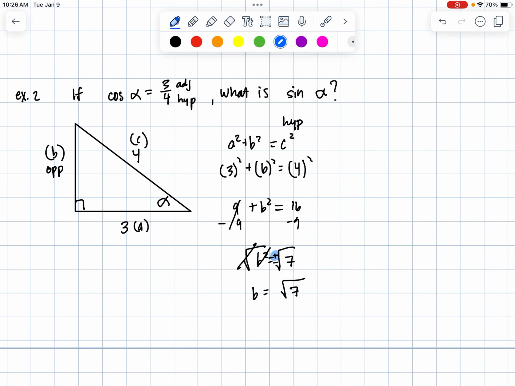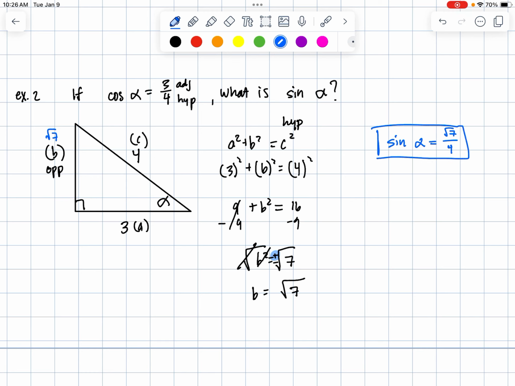So that means I'm going to put root 7 here as the opposite side. Now we can solve for sine of alpha. It's going to be the opposite side, root 7, over the hypotenuse, 4. And now we have a solution.